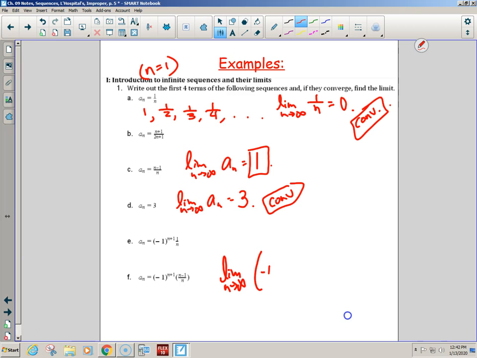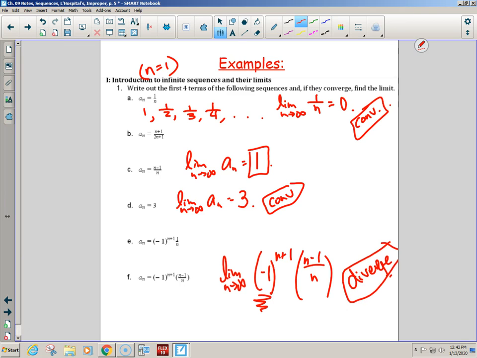The signs are going back and forth, and as they do, the whole thing is going closer and closer to 1 and then negative 1 and then 1 and then negative 1 forever. Is it ever going to make up its mind? Nope, because of this alternator guy. This is a true divergent sequence. Not series.